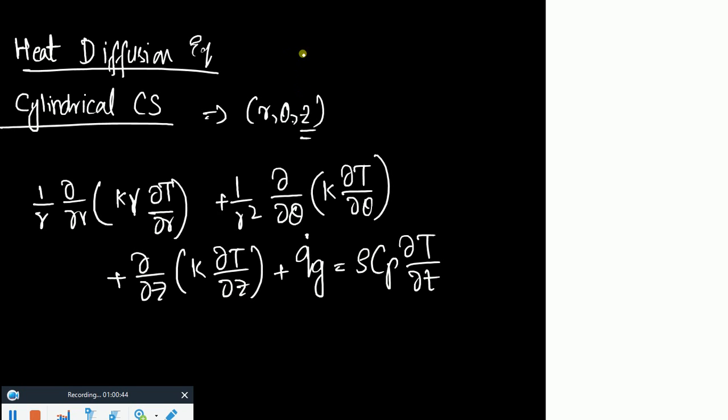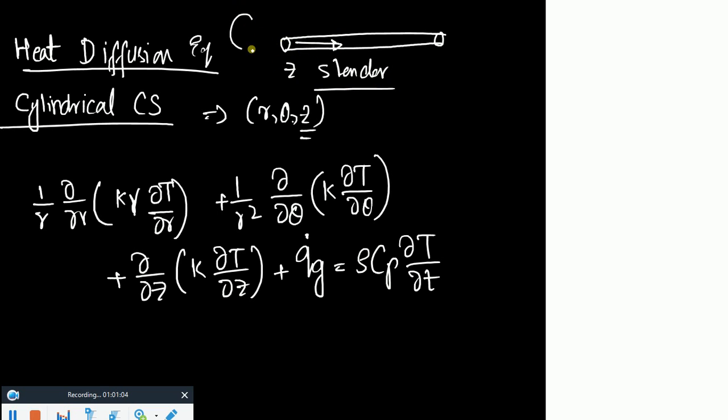Okay, like for example, if I say that you have a wire and you need to look at the heat transfer within that wire, it looks like a cylinder body. So it means heat transfer would be more dominant in the z direction, because this is z, and if you look at the cross section, this is r, right, and this is theta. Okay, now look at this one dimensional heat transfer from this equation.